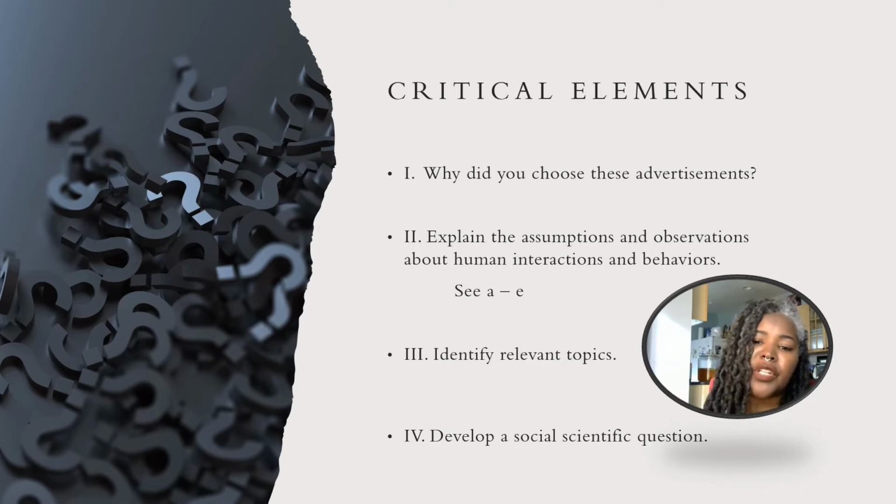In the second section, you're going to explain the assumptions and observations that you made about human interactions and behavior while viewing these ads. Third, you're going to identify some relevant topics that we discussed that you can see in the advertisement. And last but not least, you're going to take all of that information and you're going to develop a question that a social scientist might ask that would allow them to further investigate the topics.